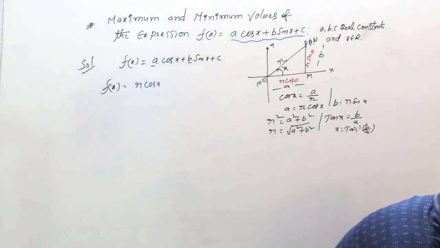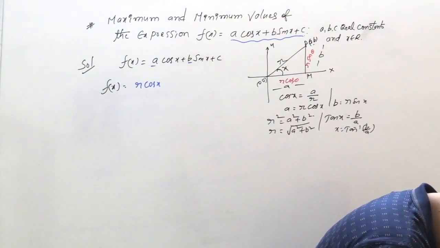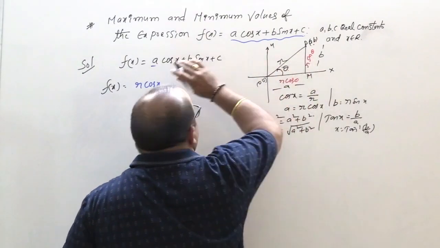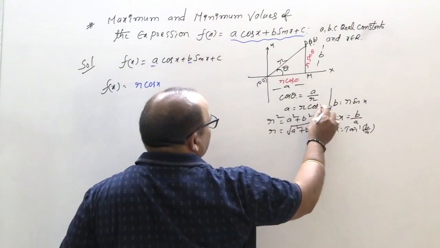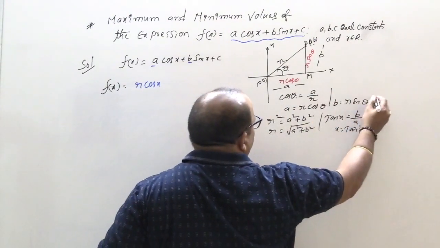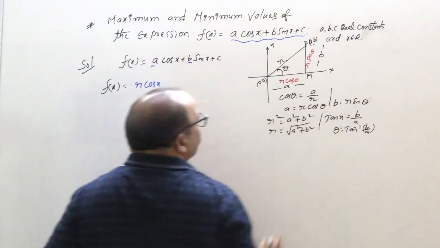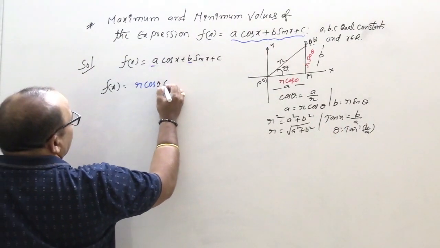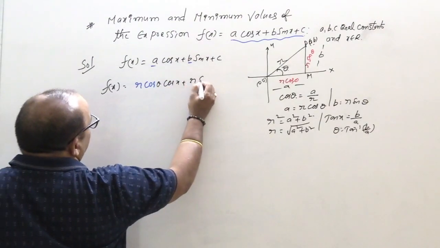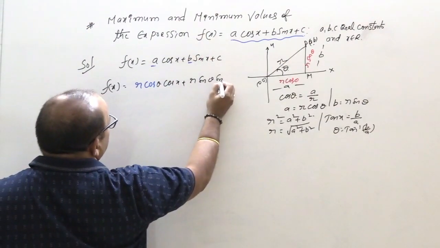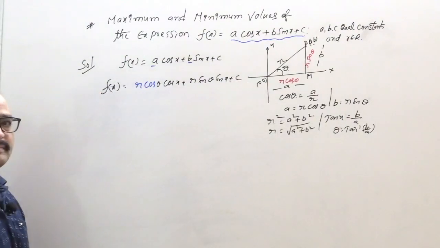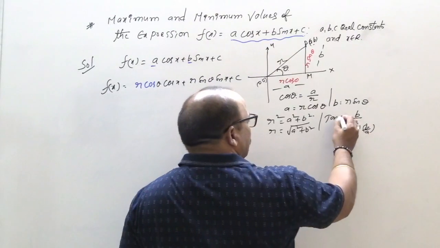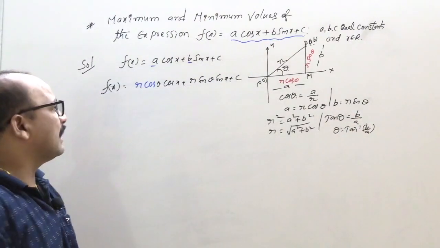It is better to take that angle as theta, students. So in the place of a, r cos theta into cos x, and b is r sin theta into sin x, plus c. Theta means angle, tan theta equals b by a. It was a little mistake, students, okay.